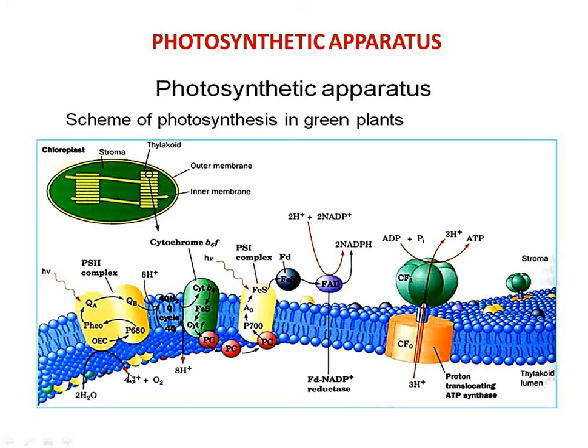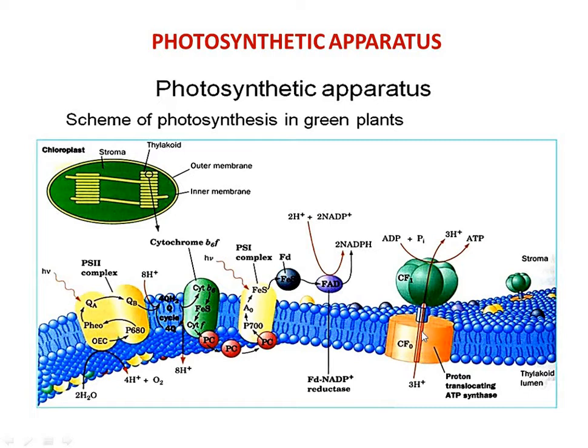The protons are released because of the oxidation of water molecules, and also by the oxidation of the quinone that undergoes reduction and oxidation. As the proton concentration increases, a proton motive force is created in the lumen of the thylakoid membrane. The protons cannot pass through the phospholipid bilayer.